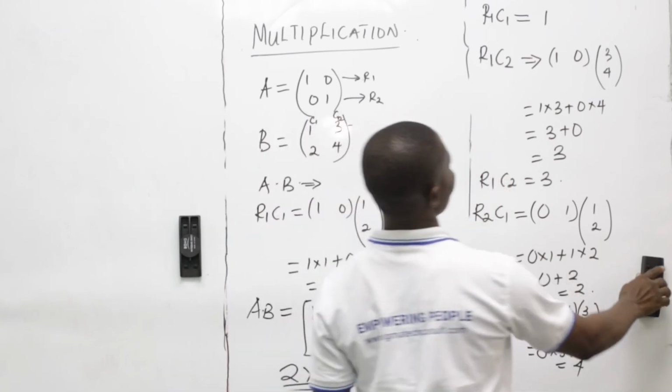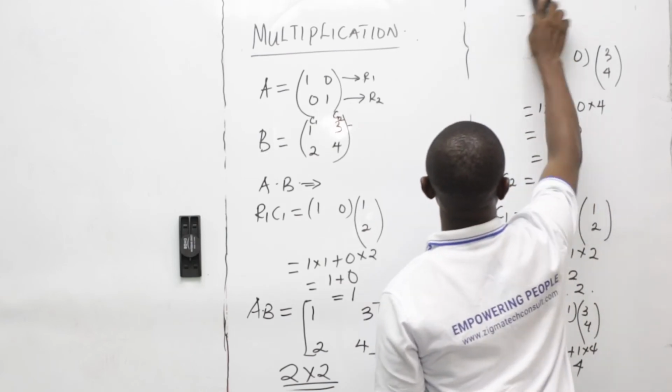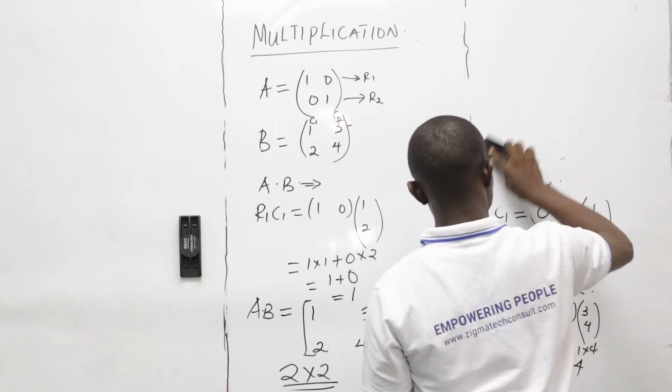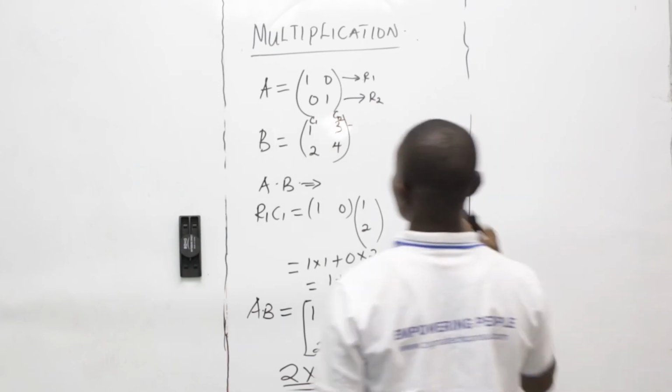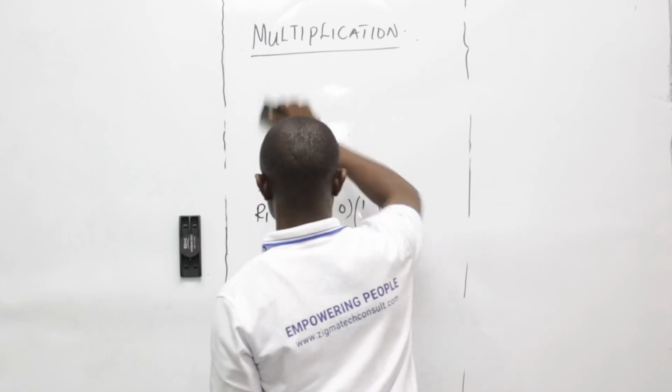Let us consider 3 by 3, 2 by 2 against 2 by 3.